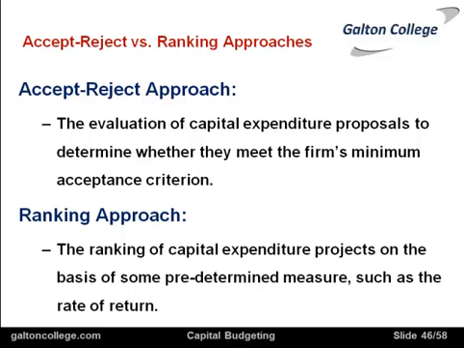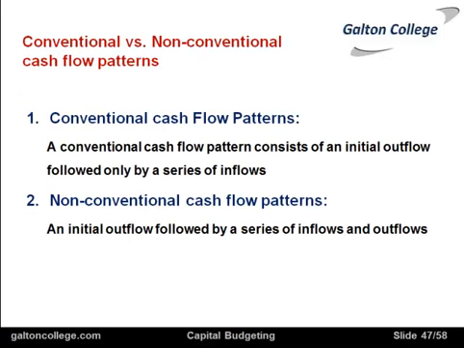And the ranking approach looks at the best scores. What's the most likely to succeed? And it tries to rank the various projects that are possible in the future. It ranks them as the best, the next best, and so on. And then it picks the one that's most suitable.